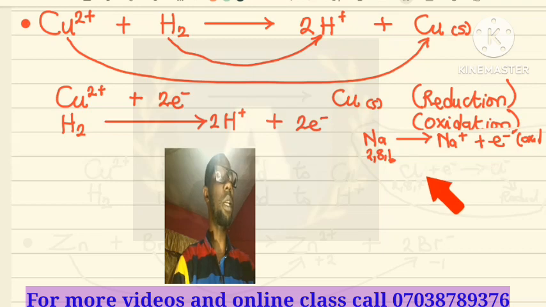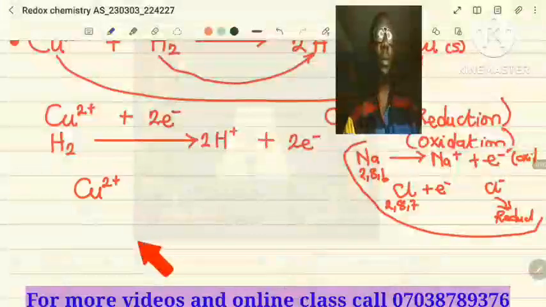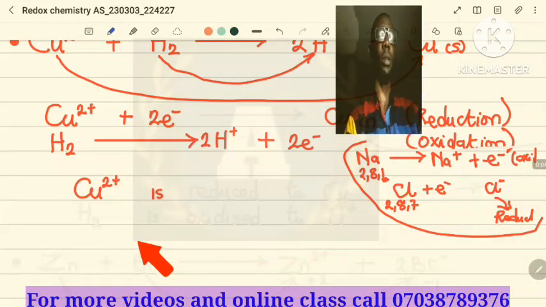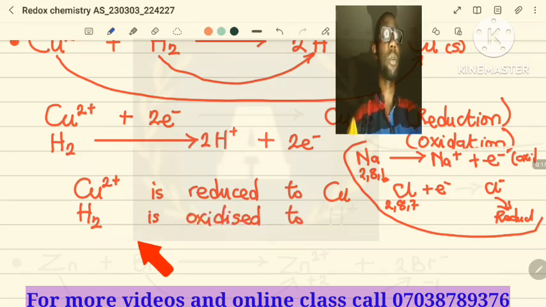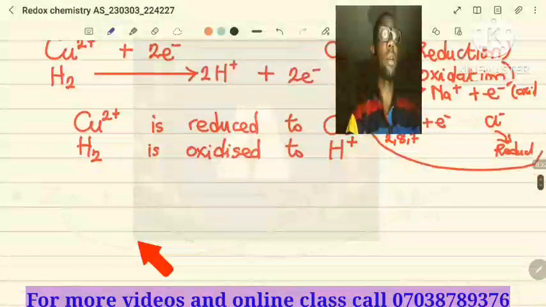So in this process, we can say that the copper 2 ion is reduced to copper, and that hydrogen is oxidized to hydrogen ion. So that is an illustration.